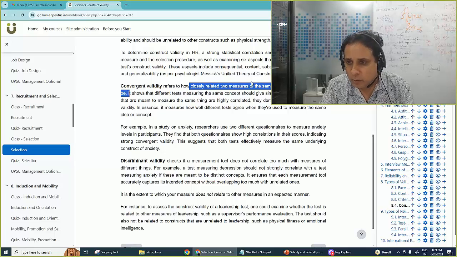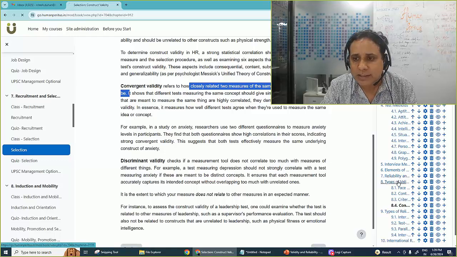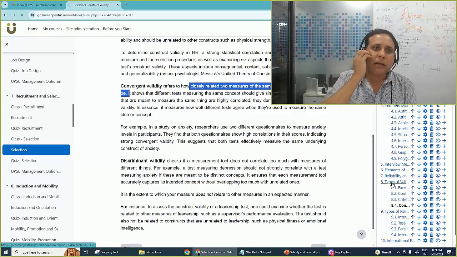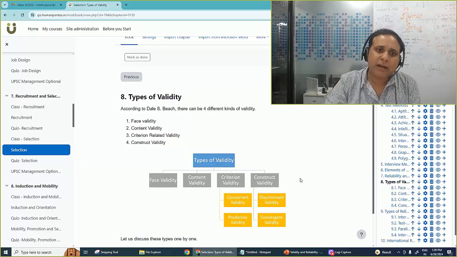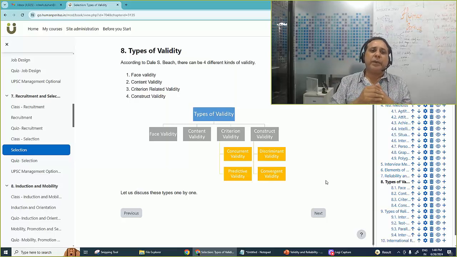So guys, that's all for the topic of validity, and we have understood them with nice examples. If I repeat once again, there are four types of validities: face, content, criterion and construct. Criterion validity can be subdivided into concurrent validity and predictive validity. On the other hand, construct validity can be subdivided into discriminant and convergent validity.